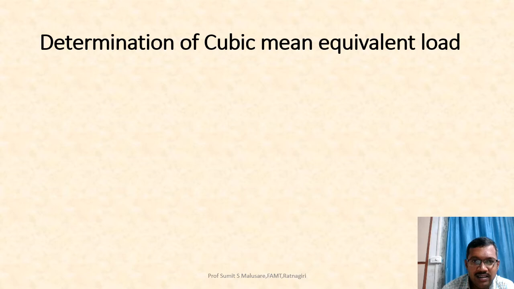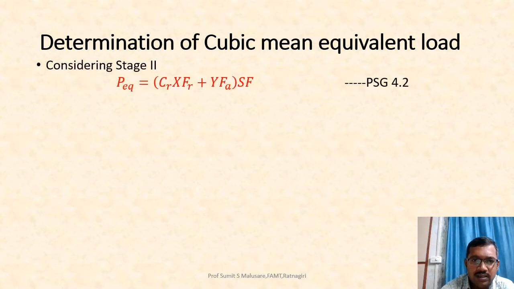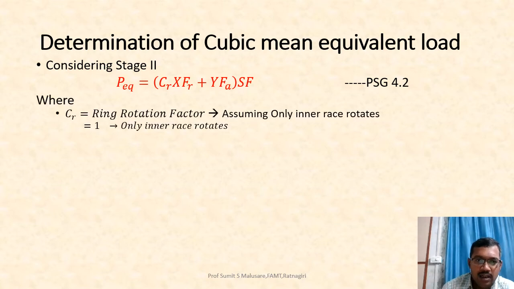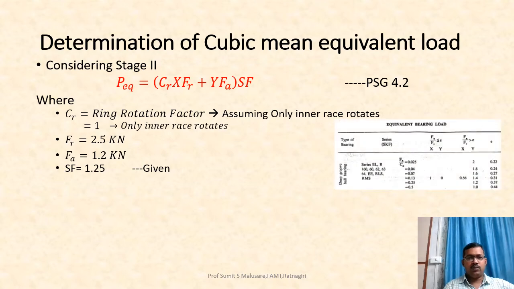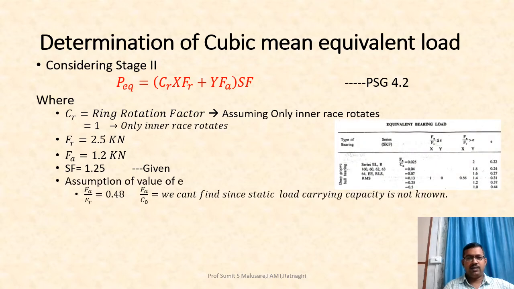Then we go for the second cycle, that is stage 2. P equivalent is equal to CR into X into FR plus Y into FA, same formula. Again the same ring rotation factor of 1, then FR is 2.5 and FA is 1.2 as given in the table. Service factor is 1.25. Now FA by FR comes out to be 0.48.